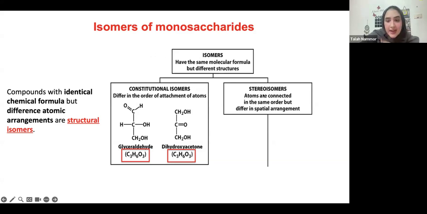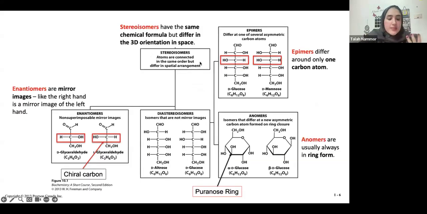We have something called stereoisomers. Stereoisomers have the same chemical formula, but when you put them in a 3D orientation, they look different, like glucose and galactose. They have the same chemical formula, but once you write out their structure, you can see the differences.